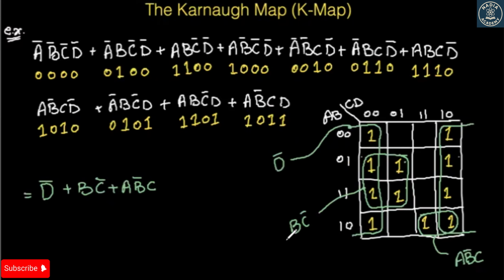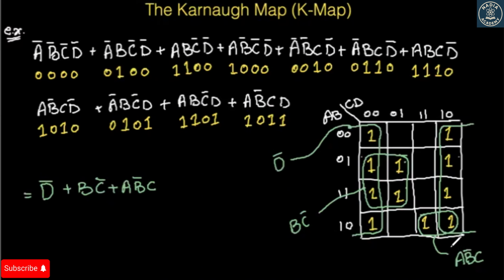And for this one here, you can see that A is changing from 0 to 1, B is still 1, so B. C is 0, so C bar. A changes from 0 to 1. And in this third loop, A and B are the same, so A, B bar, because it's a 1, 0. C remains 1, so C. D changes from 1 to 0, so this is out.